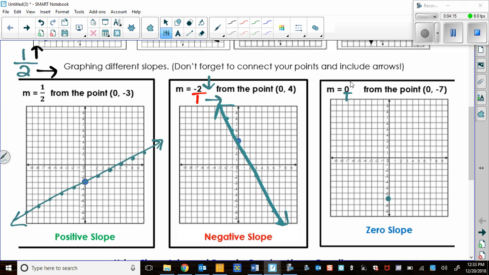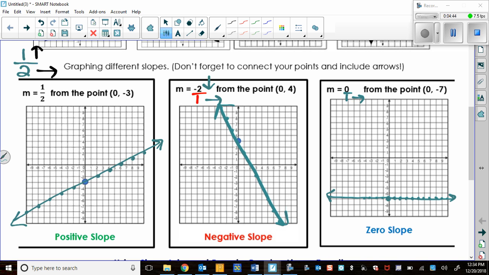I'm just going to stay and then move over to the right 1. So if I continue doing that, I don't go up, I move over to this side. And I have to write my point right here. Notice how this line is going to be a flat line. You can continue doing it on the other side, but you'll notice that this is just a flat line.